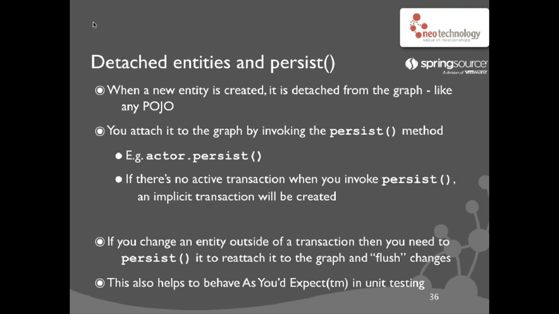I alluded to this a couple of times before. I've actually been slightly modifying the truth as we went along for pedagogical reasons only. No animals were hurt during the making of this webinar. But it turns out that when you create a new entity, it is actually not automatically saved in the graph. What you need to do is first invoke a persist method to attach it to the graph.